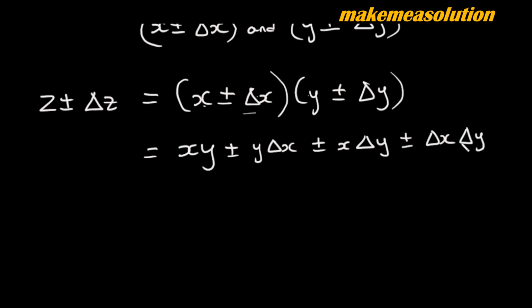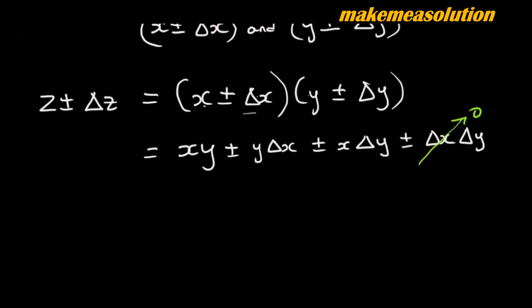Now you need to know that this absolute error is very small. So since the absolute error is very small, delta x and delta y are very small. So this product, delta x delta y, is going to gradually tend to 0, so we can neglect it. Is that okay?